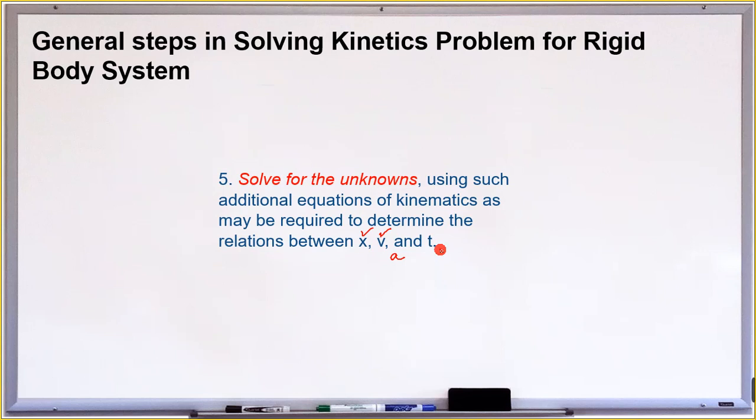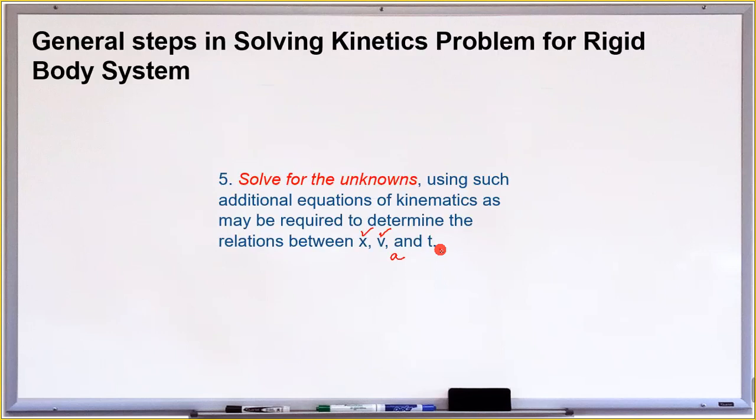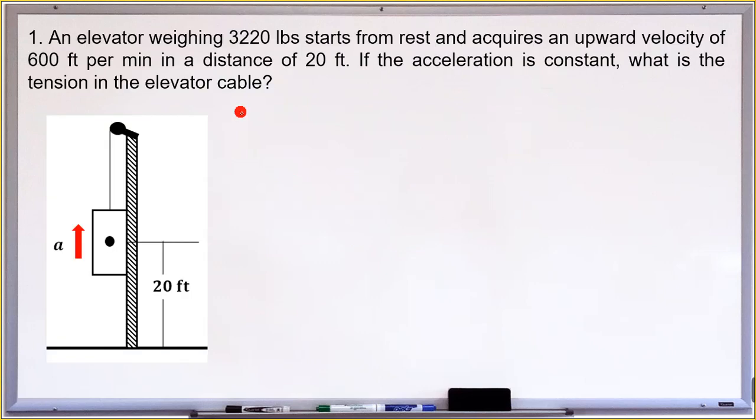Okay. And then number 5, of course, do the math, solve for the requirements of the problem, or solve for the unknowns as required. So any question with regards to the general steps? None? Okay. So let's have problem number 1.